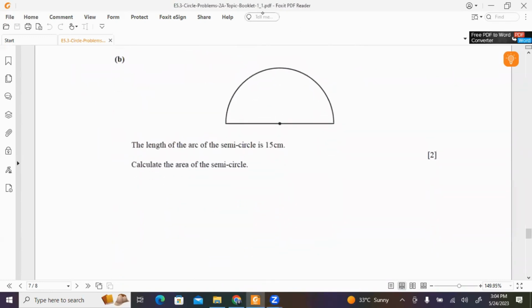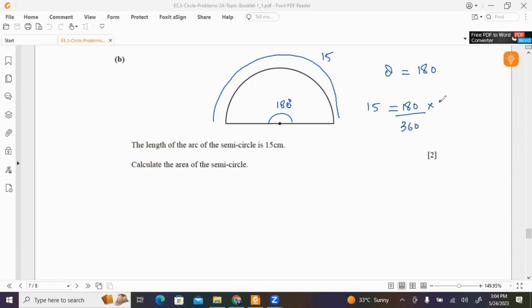So for this, wait, we have the arc length 15. Okay, so the angle in this case is 180. So I'm going to do 15 equals 180 over 360 times 2 pi r. So that is going to be 15 equals pi r.